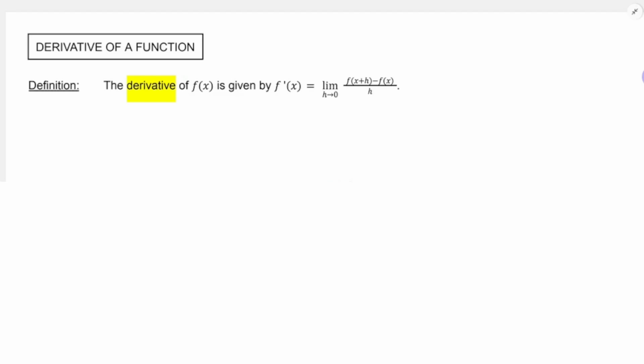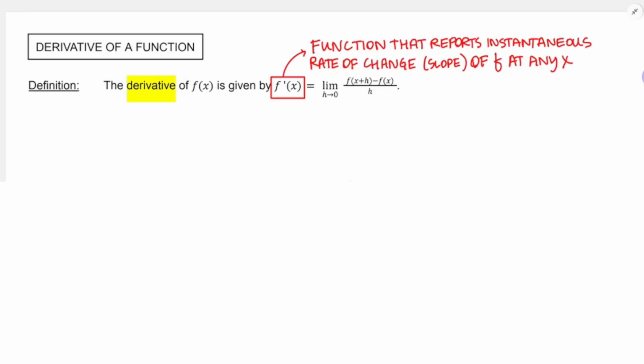It's the limit as run goes to 0 of rise over run, but at any x, right? We don't have that c, which usually means some specific x value. So what I would say is that this f prime of x is a different function that reports the instantaneous rate of change, or the slope, of f at any x.